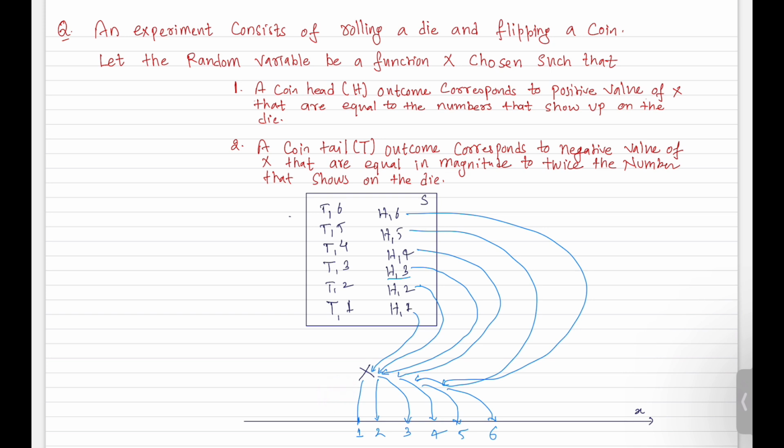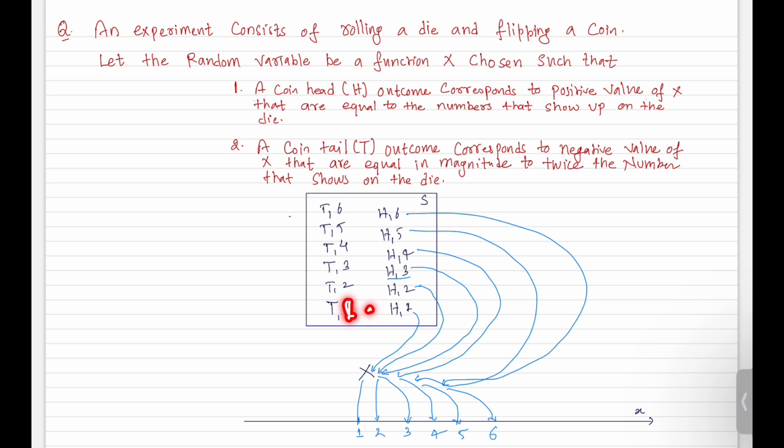Let's suppose we did the experiment and we got the outcome tail, and on the die we get 1. Where will this get mapped? It will take it as an input and it will get mapped to some negative number. That information is given: the negative value of x is equal to the magnitude of twice the number that shows up on the die.